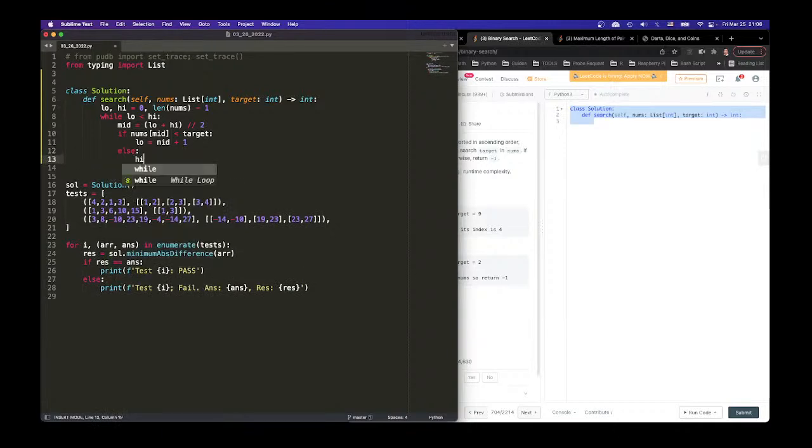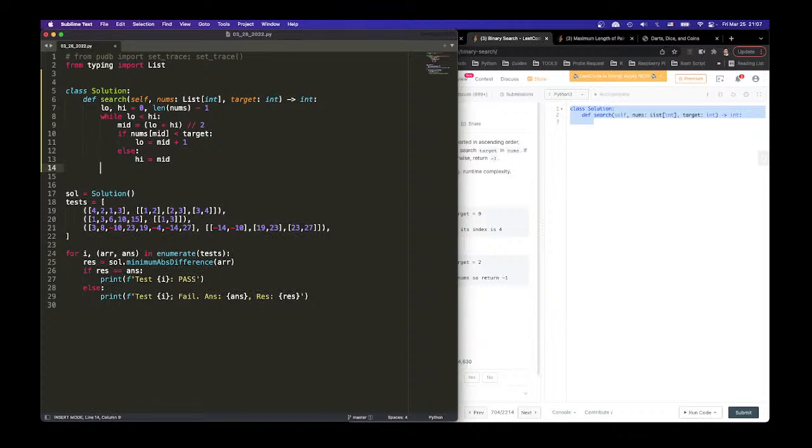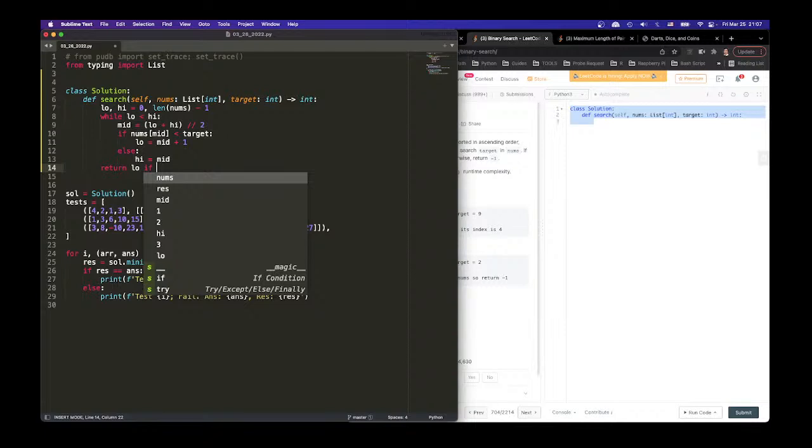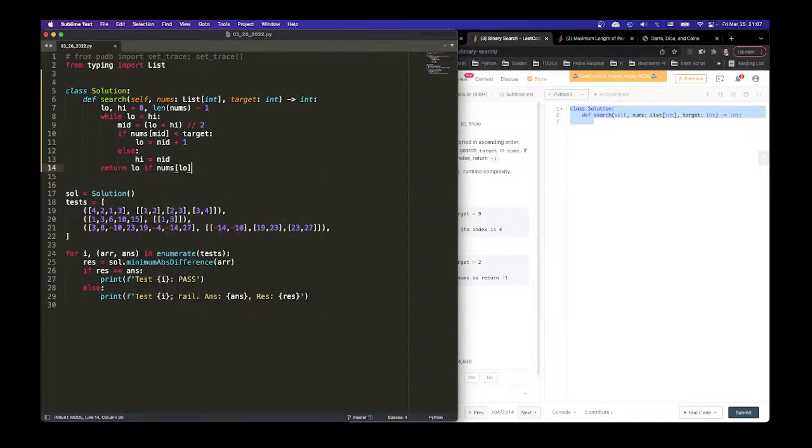Else high is equal to mid. And then we keep going until we come out, and then we return low if nums low is equal to target. Otherwise, return -1. I think this shall be right.